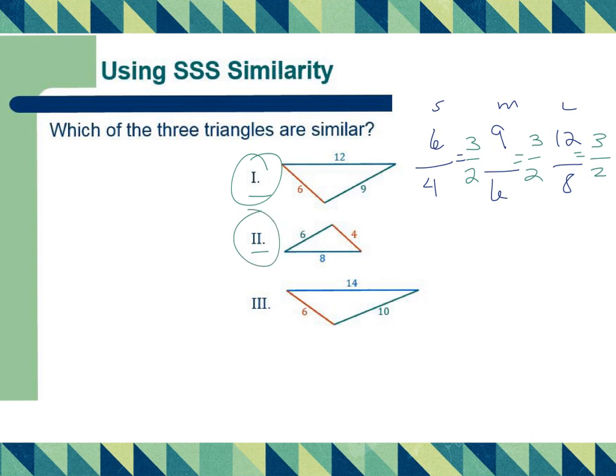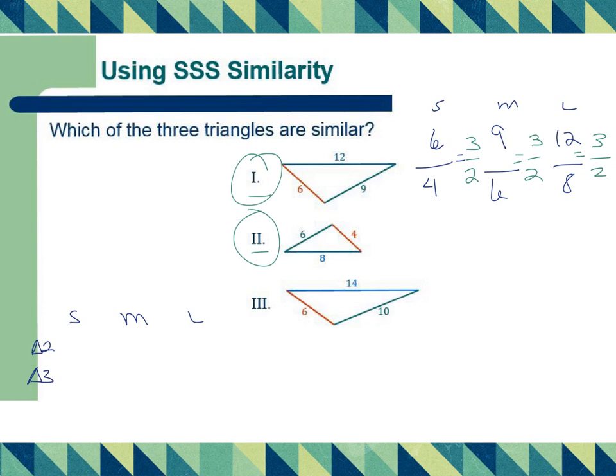Now it's possible that triangle 3 is also similar to them. So I only really need to test it against one of those triangles, since I already proved 1 and 2 are similar. So I'm going to look again at the small, medium, and large sides, and compare triangle 2 to triangle 3. And again, it'll be similar if they all reduce to the same ratio.